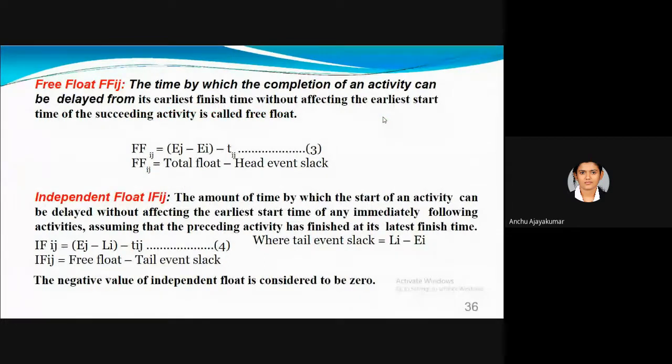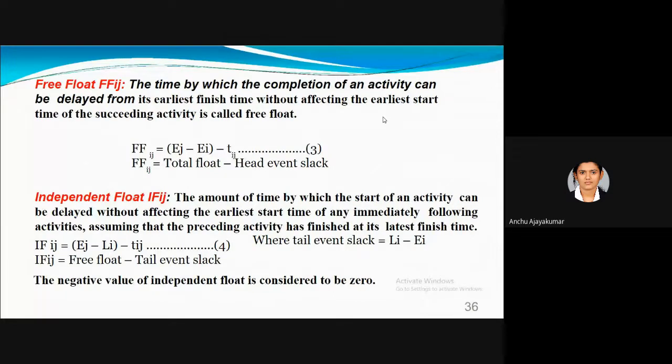Then what is free float? Free float is the time by which the completion of an activity can be delayed from its early finish time without affecting the early start of the succeeding activity. Like I have said, we have to wake up in the morning, get ready for college, have breakfast, go to college at 9 a.m., write your assignments, and submit them. These are your activities.